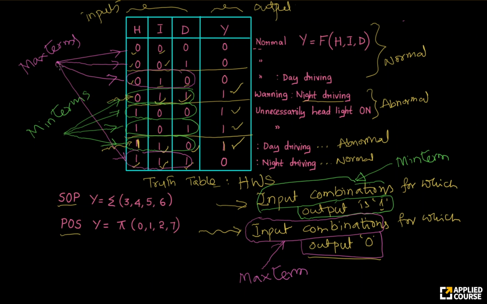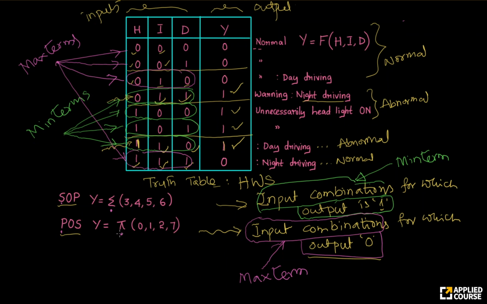So a Boolean function can be written as either sum of product expression or product of sum expression. A sum is normally denoted with sigma, a product is denoted by pi. In a very compact manner, how do we describe the sum of product expression?